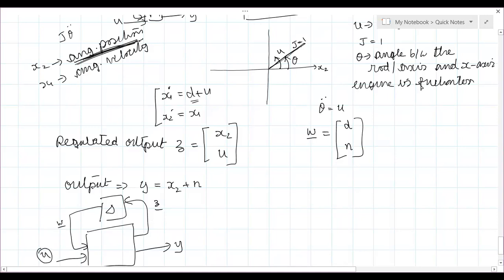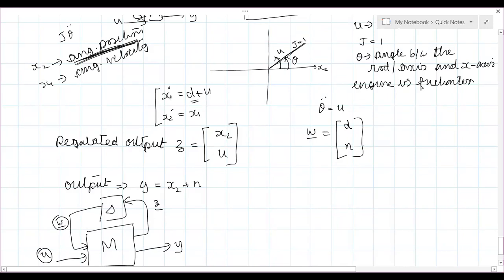W is all other external signals that are influencing the plant. So disturbance is there, noise is there, so our W can be characterized as comprising D and N.